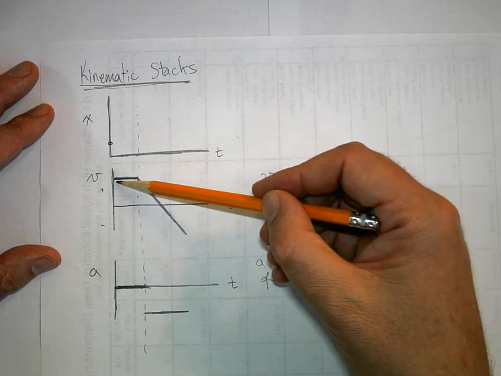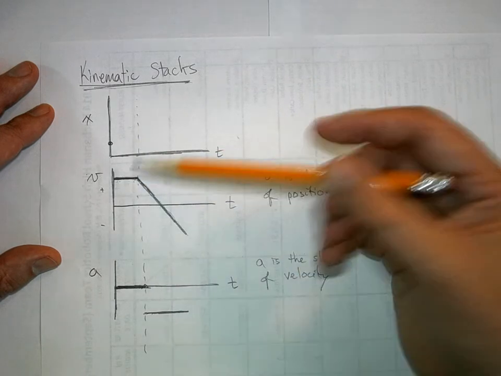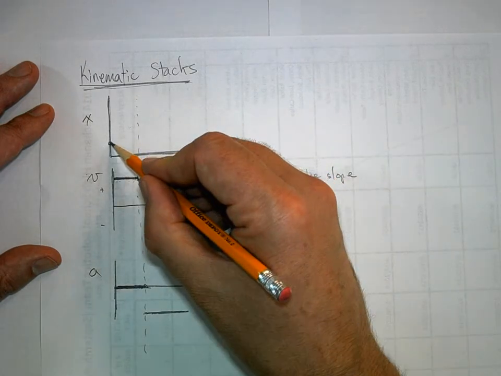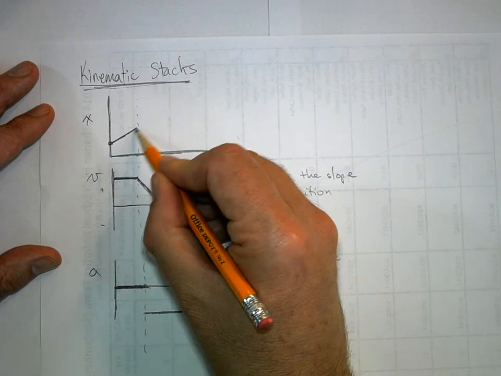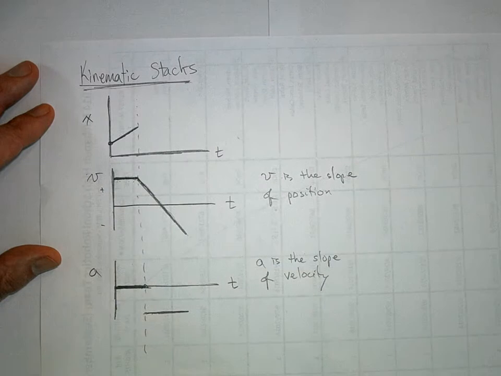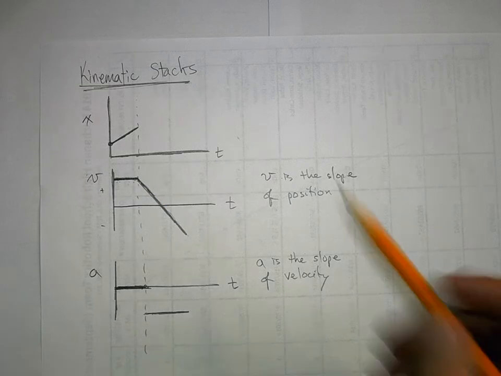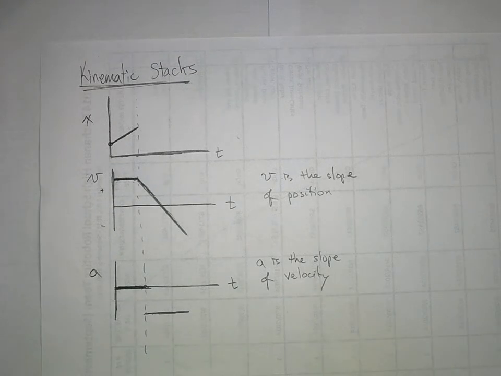So this is saying, hey, the slope of your position graph is going to be positive but constant, which is a straight line, isn't it? Now, how steep do I make that? If it's a qualitative graph, it doesn't matter. Just make sure it's a positive slope.